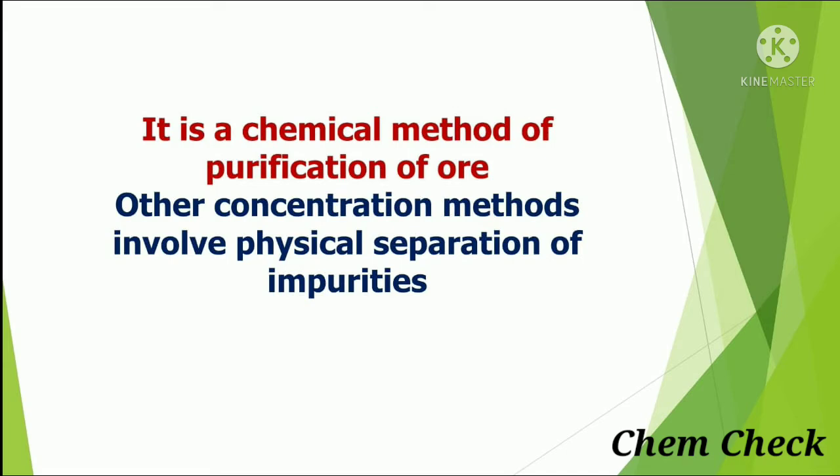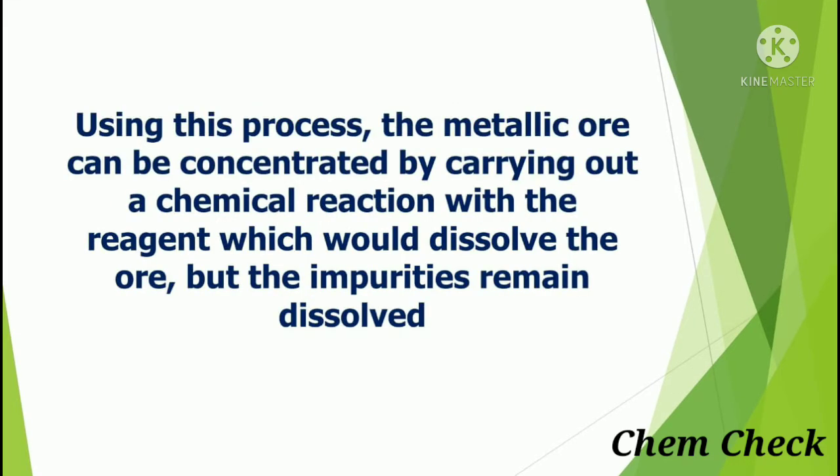First of all, what is meant by leaching? Leaching is a process where we add a chemical substance. This chemical substance will dissolve the metallic ore present, whereas the impurities present in this particular ore are not soluble. They fall down as an undissolved substance, that is, these impurities are insoluble in that chemical reagent.